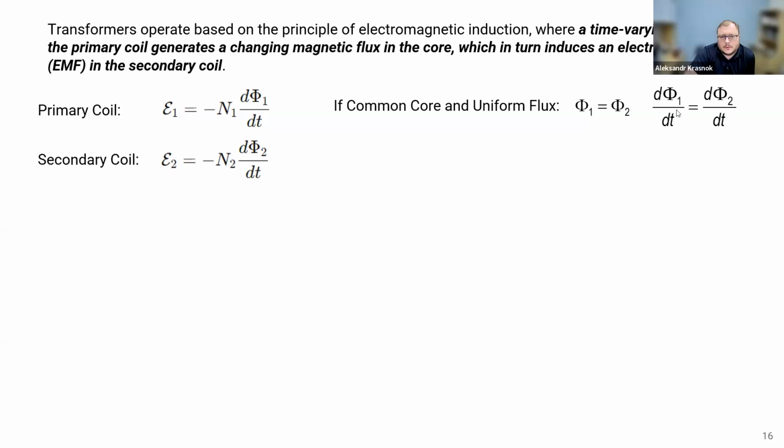So the changes in time of the fluxes are equal, which leads us to this simple formula: dividing the EMF in the second coil by the EMF in the first one, we get a formula that links the EMF change in the transformer to the difference in winding numbers in the first and second coil.